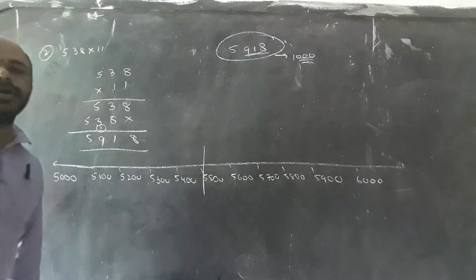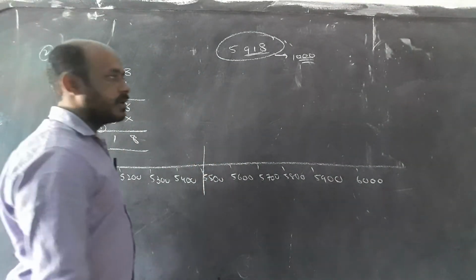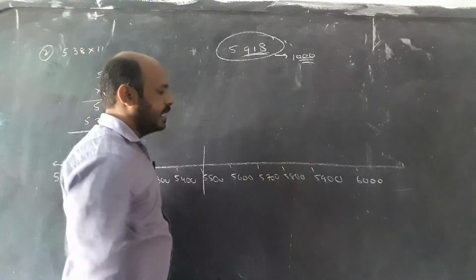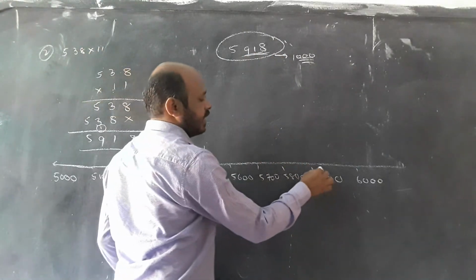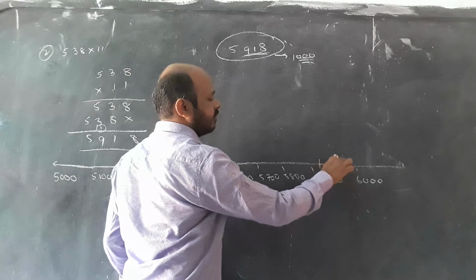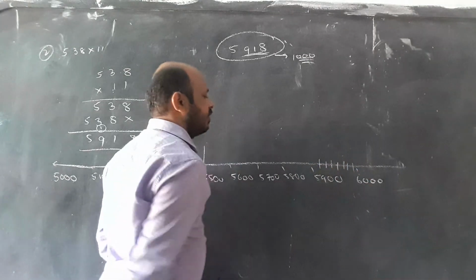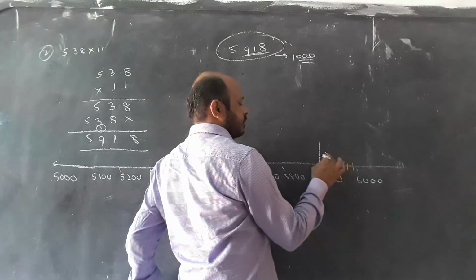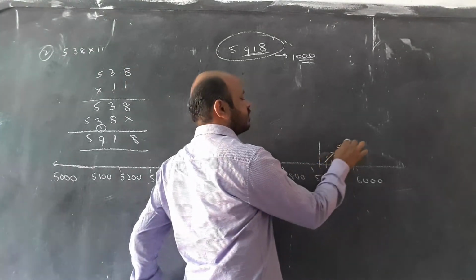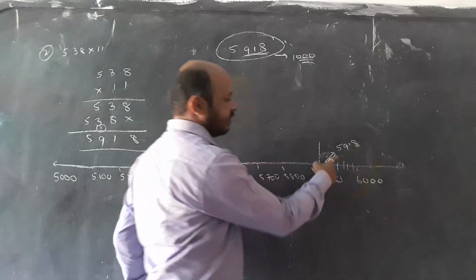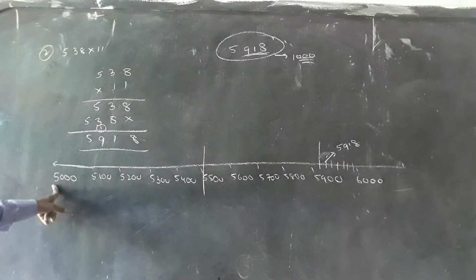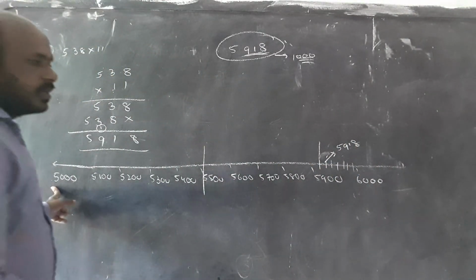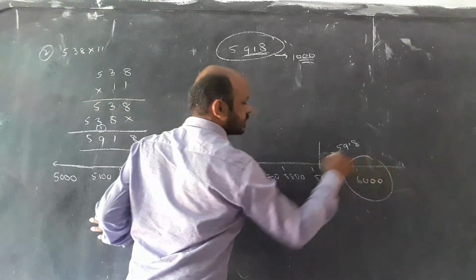This is the middle number, as I told. The last 3 digits are 918, which is above the middle number. 5918 is on the right side, so it is nearer to 6000.